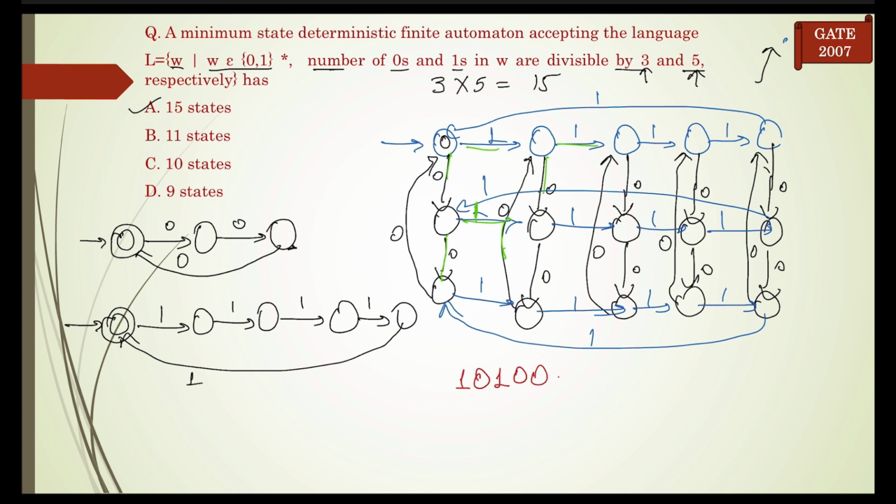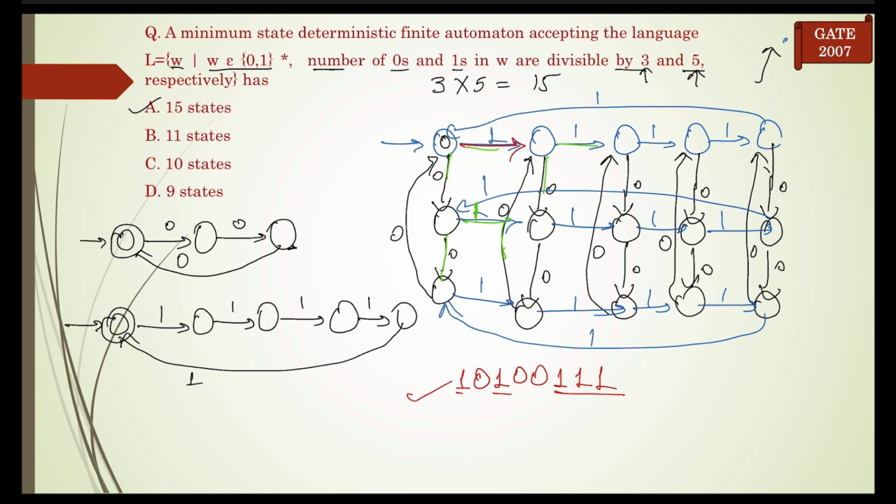Take the string 1, 0, 1, 0, 0, 1, 1, 1. The number of 1s is divisible by 5 and the number of 0s is divisible by 3. So we should reach the final state, then only we can say this DFA is correct and this string is accepted.